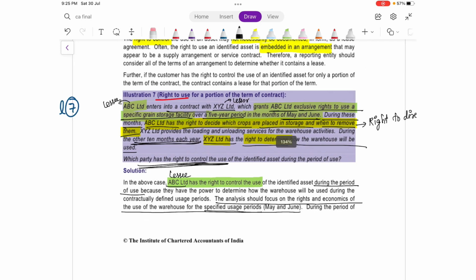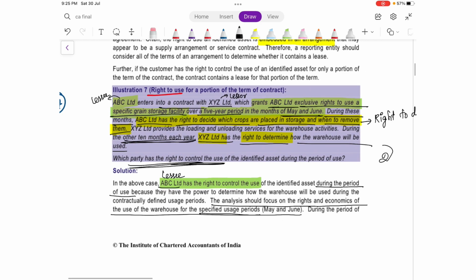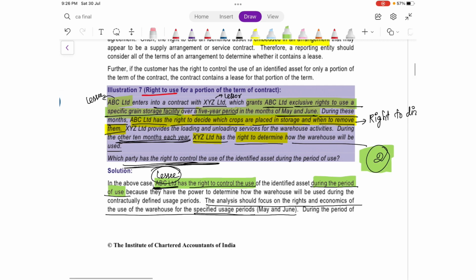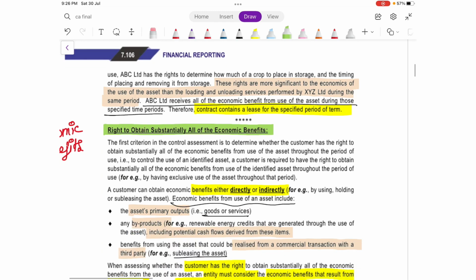Since this contract is only made for 2 months in a particular year, in those 2 months you have to see who has the right. In those 2 months, how to use the asset and for what purpose you can use the asset, that right is with the lessee only. So therefore, in the above case, ABC Limited, the lessee, has the right to use the asset during the period of use. Whenever it is using it, during that period the lessee only has the right of use. Correct? In the other months, the lessor has the right to use.